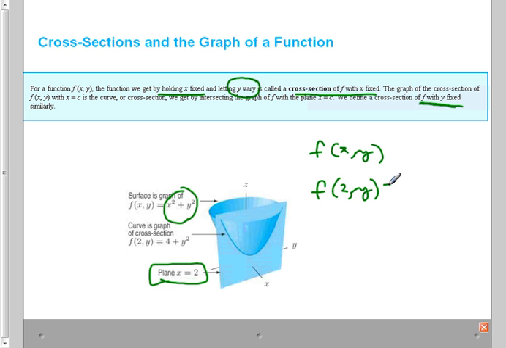When we do that, instead of x squared, we get 2 squared, or 4, plus y squared. Or in other words, z equals 4 plus y squared. That cross section allows us to view just this section here, and it turns the three-dimensional shape into a two-dimensional cross section. Our cross section looks like a parabola that's been shifted up by 4.